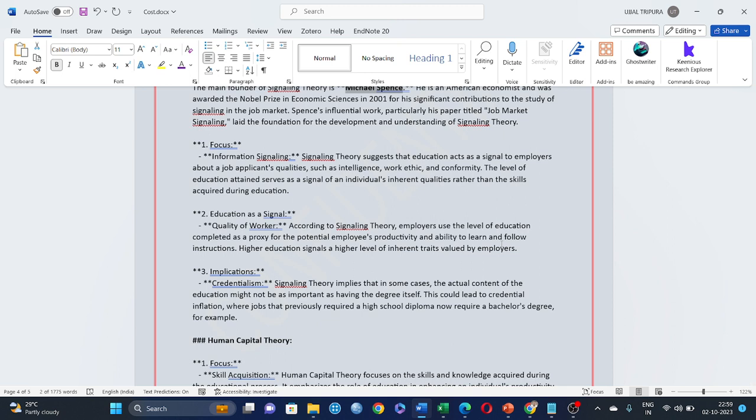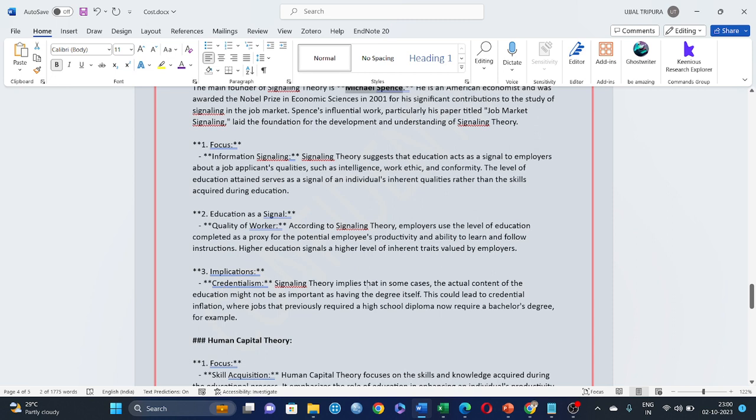So how is the quality of workers selected in any company or school? Those employed are selected based on their education. If you have a good qualification, you will have a higher post. So this also gives a signal. On the other hand, the implication.